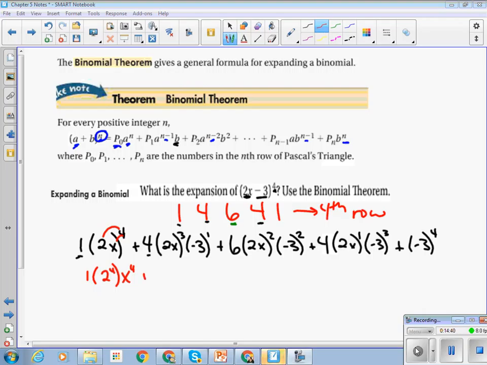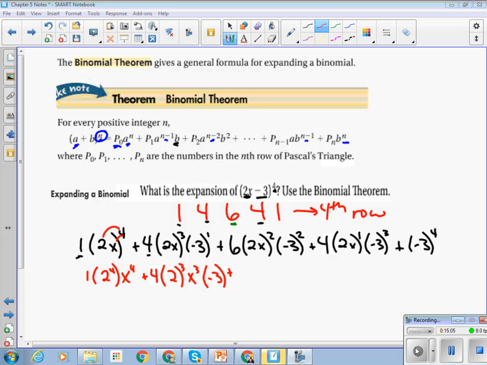So here I'm going to raise my numbers to the power they need to be. This is 2 to the 3rd, x to the 3rd, and negative 3 to the 1 power is negative 3. I'm simplifying; it's the same thing, but it's a redo.